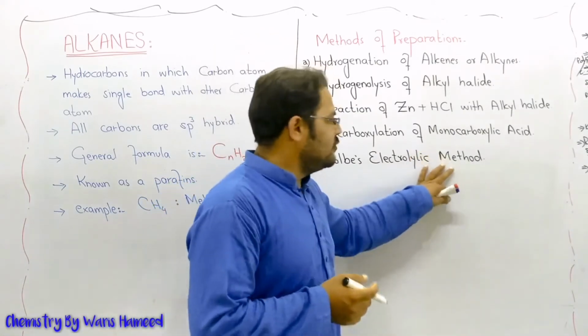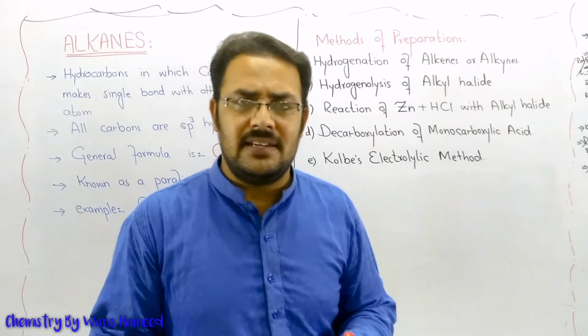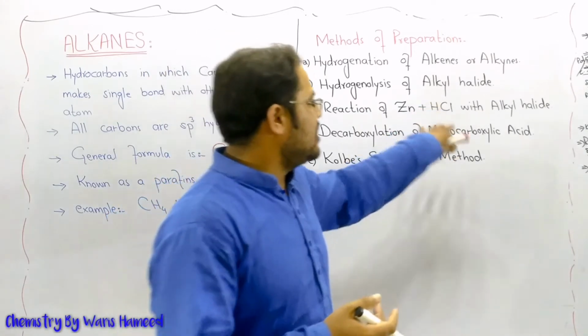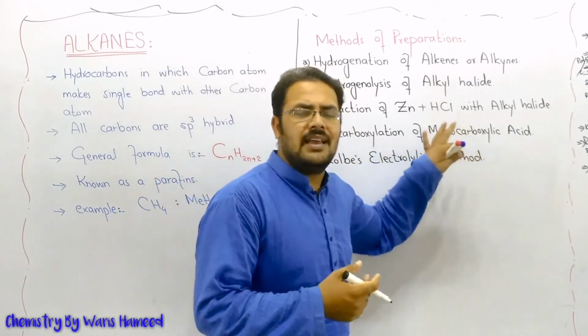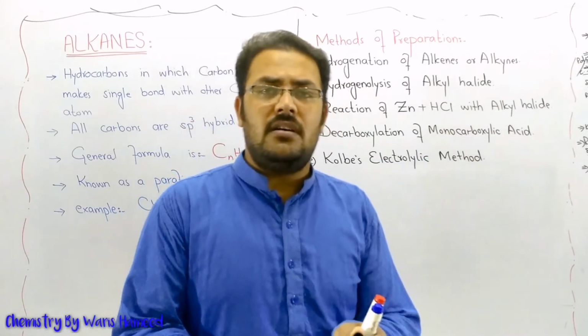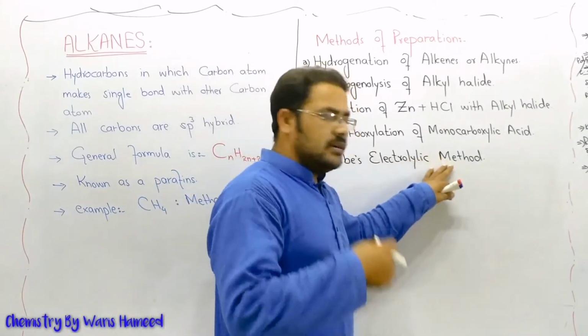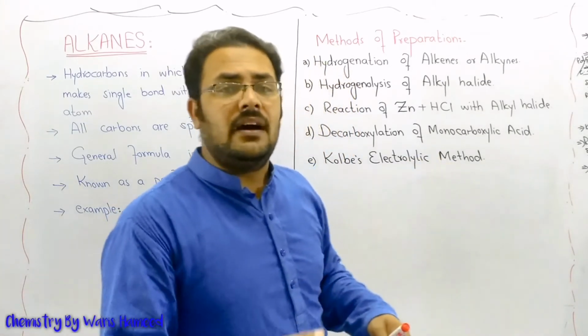In this method we use the salt of a carboxylic acid. If we use the salt of a monocarboxylic acid, it will form alkane, and if we use the salt of a dicarboxylic acid, then it can form alkene or alkyne.